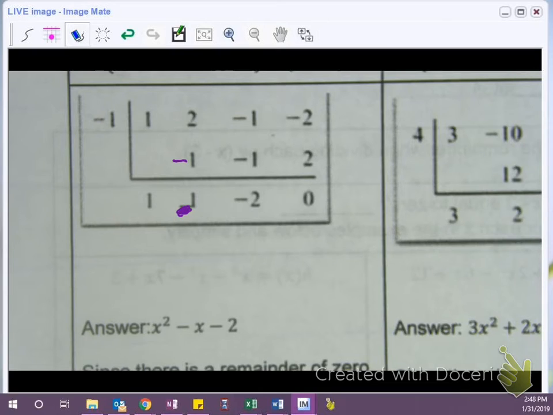It's supposed to be a negative right there, and it's supposed to be a positive right there. So make those corrections on your paper. It's supposed to be x squared plus x minus 2. So that's a typo. All right. The rest of these blanks on this paper we will fill out next class.